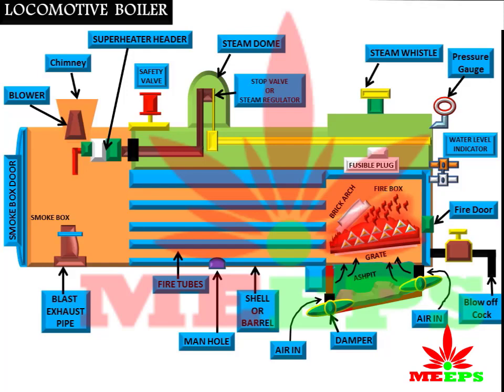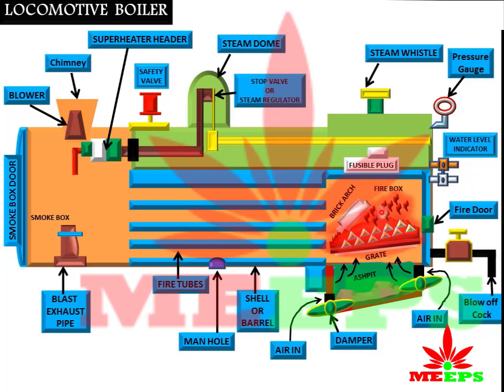So now we will discuss the working of the locomotive boiler. Here, as we can see, the coal is introduced through the fire hole from this door. Coal is introduced on the grate, which is placed at the bottom of the firebox.